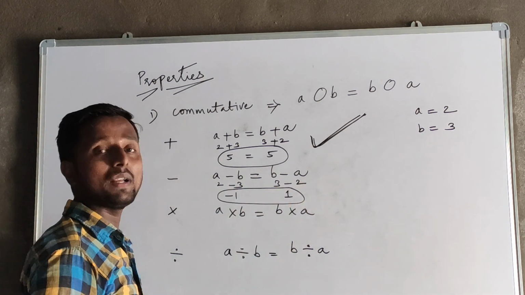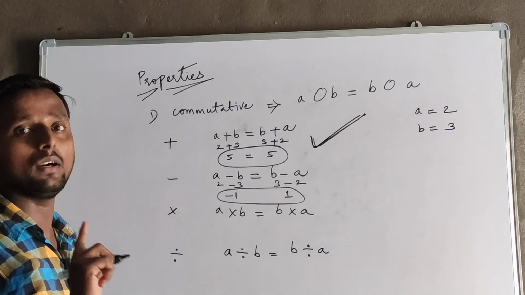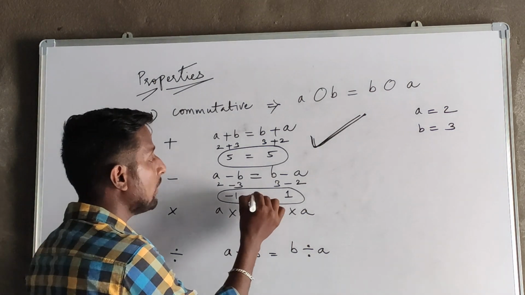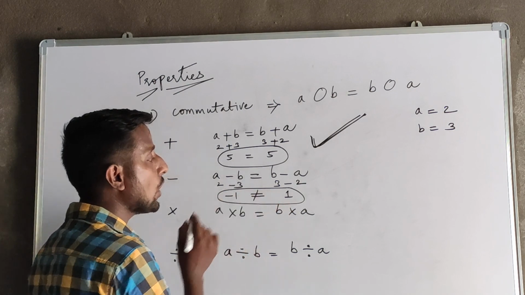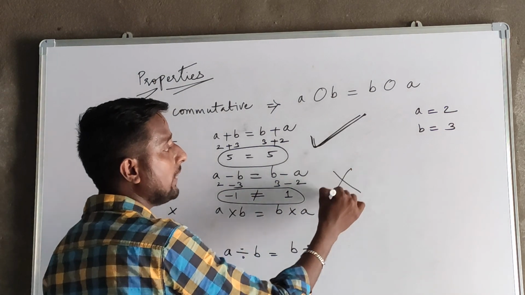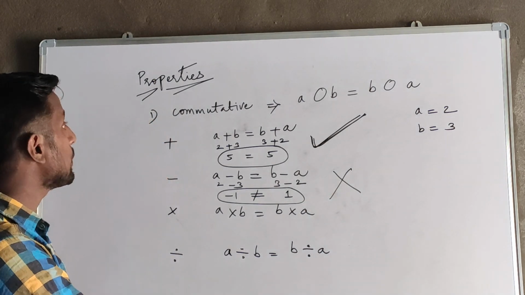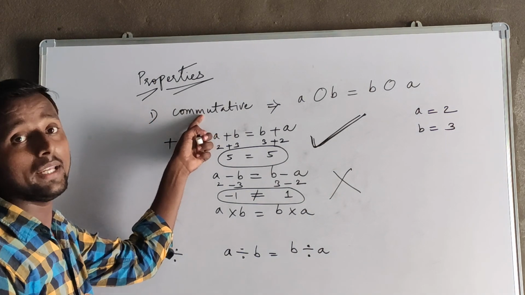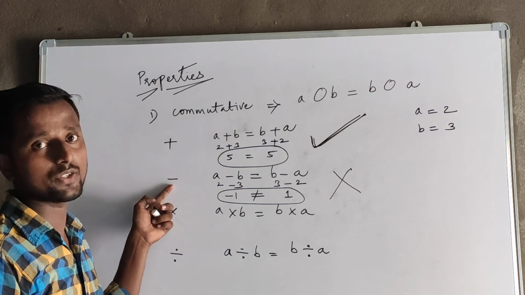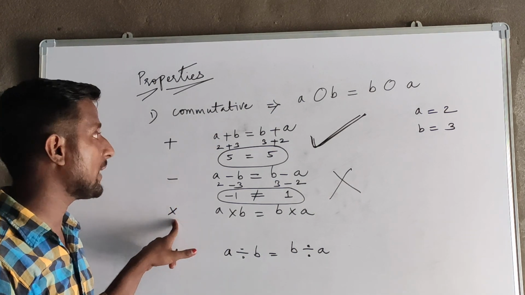The answers are plus 1 and minus 1. LHS side minus 1, RHS side plus 1. So minus 1 is not equal to plus 1. So the property is not satisfied. We'll say the commutative property is not satisfied under subtraction. Am I right?